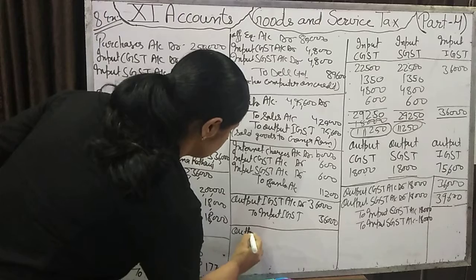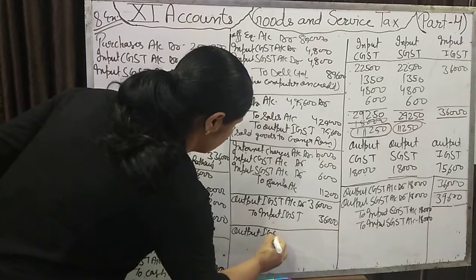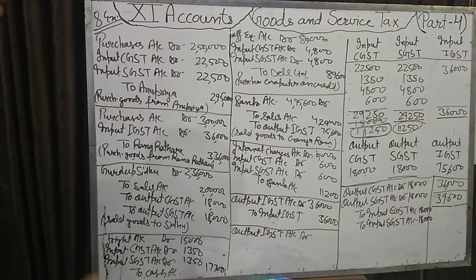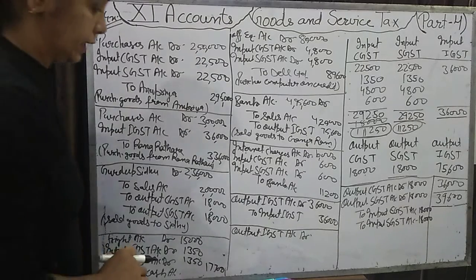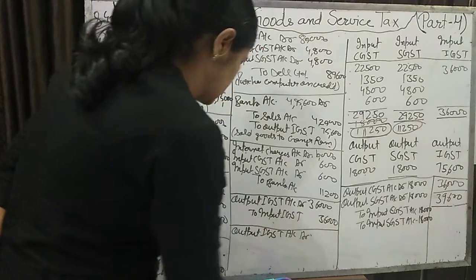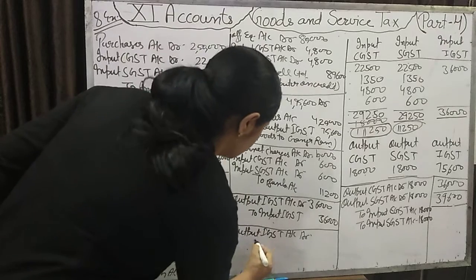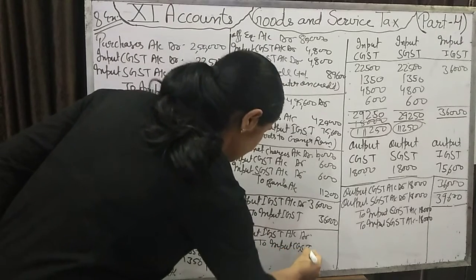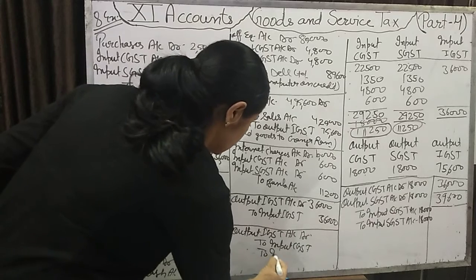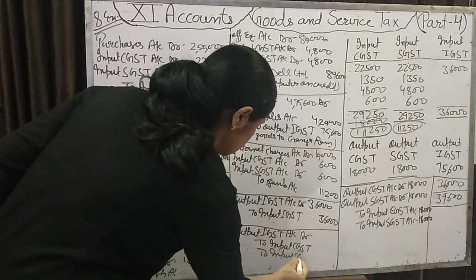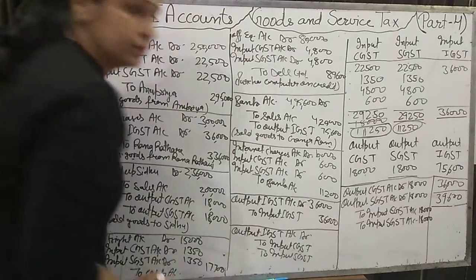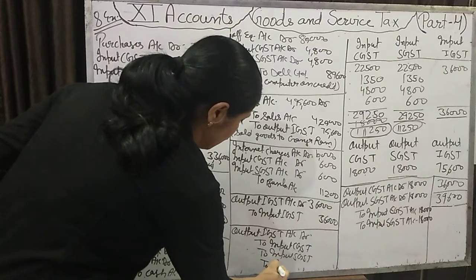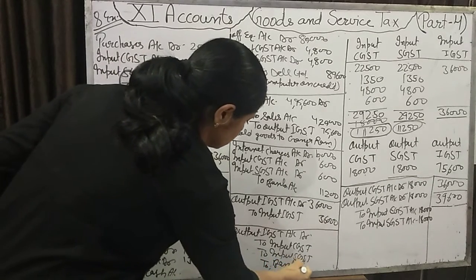Output IGST account debit. Keep in mind that always in an adjustment entry, output GST will be debit and input will be credit. That is, output IGST account debit to input CGST and to input SGST. And the balance we will pay to the bank, to bank account.